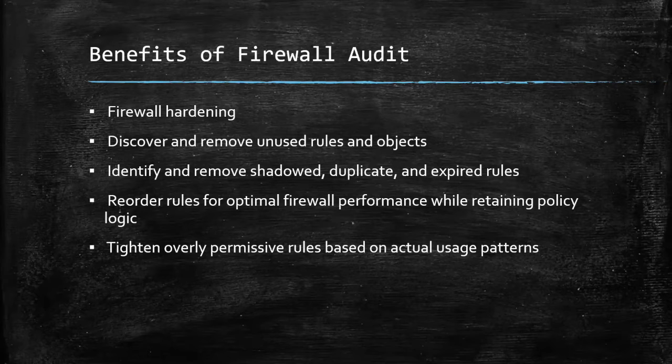The fourth important one is that we will be able to do optimizations by performing all kinds of firewall reviews. And the most important part is that we are able to detect the overly permissive rules which are set on the firewalls. So these are basically the benefits of doing a firewall audit.